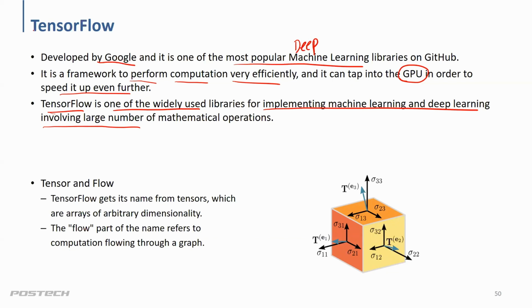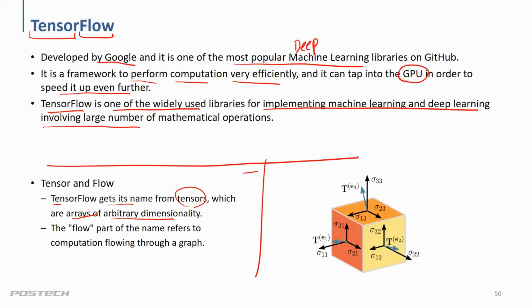And let me explain why the name is Tensor and Flow. It gets its name from tensors, and a tensor is basically an array of arbitrary dimensions.